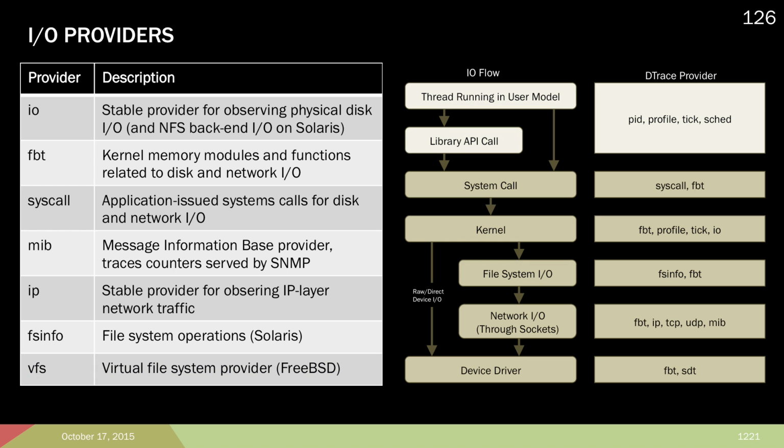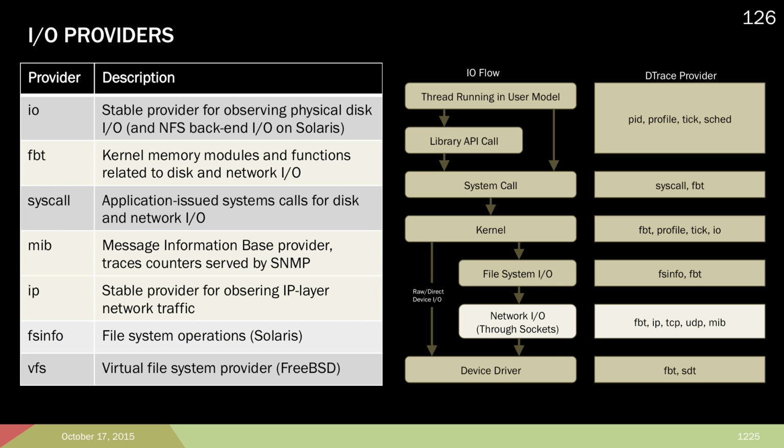Going through our I/O diagram, for threads running in user mode and library API calls, use the pid, profile, tick, and sched providers. For system calls, use syscall and FBT. For the kernel, use FBT, profile, tick, and io. For file system I/O, use fsio, fsinfo, and FBT.